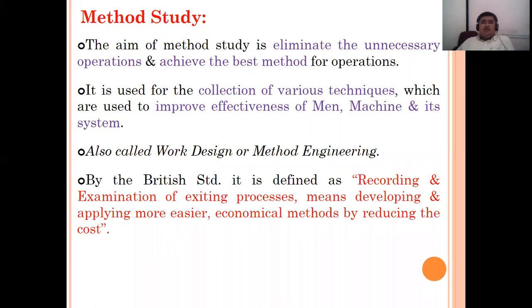Last lecture we have seen. It doesn't mean that improvement in production means increase in productivity. What input you took and what output you gave, based on that the productivity concept is there. All of you know this concept very well.